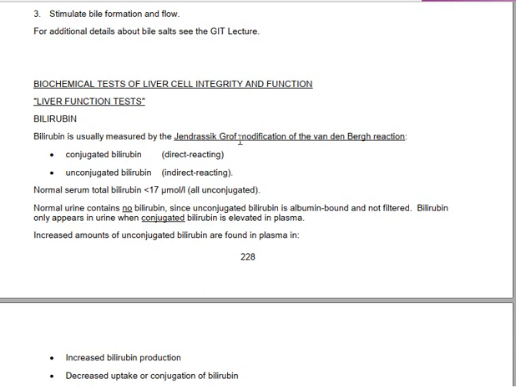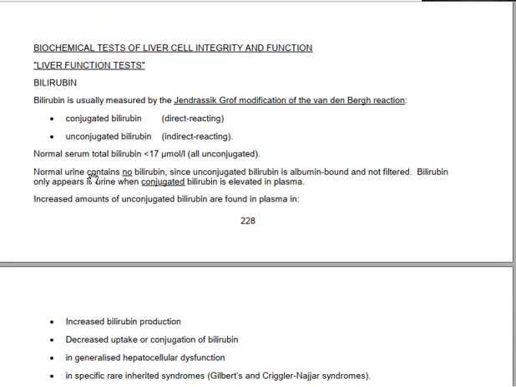Is it clear? So that's why you call conjugated bilirubin the direct bilirubin, because it does a direct reaction in the Jendrassik-Grof reaction, and the unconjugated bilirubin is called indirect because it has an indirect reaction.